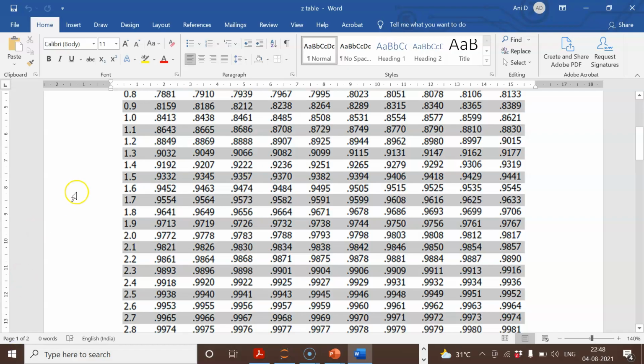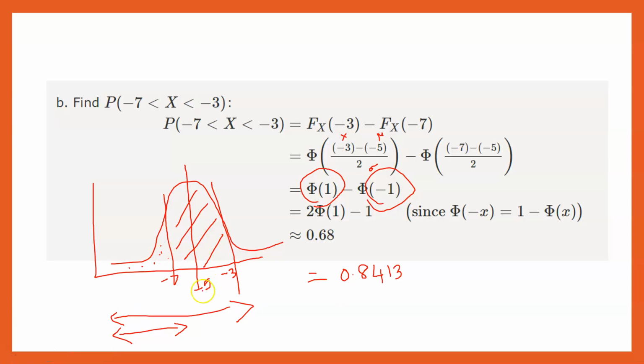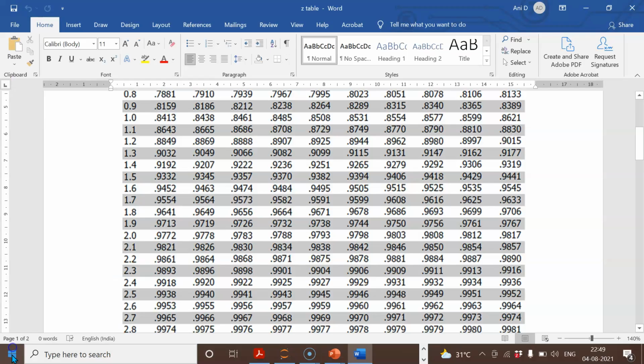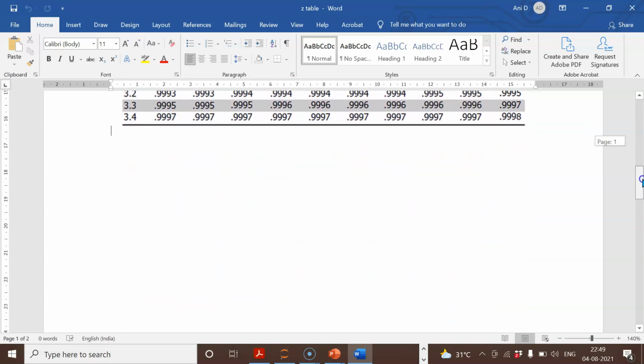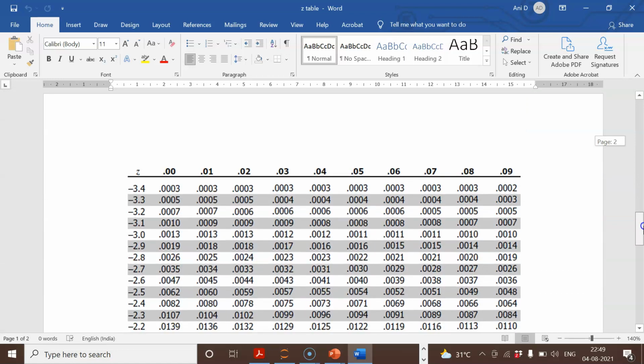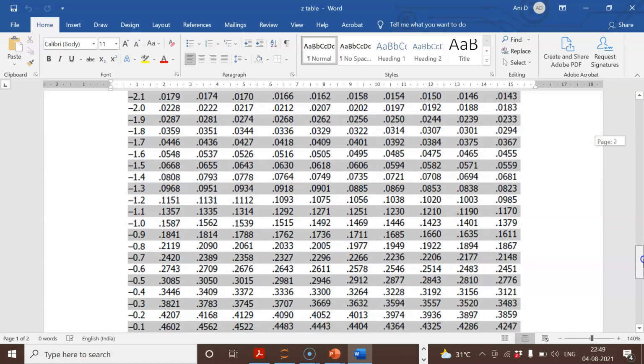Okay, shall we find 1? So 1 is here. So 0.8413 is our first value. So the z value for 1 is written here. Now we look for minus 1, right? I have to look for the negative value for z. Here all the positive values are listed, so I'll move to the other section of the z table which shows negative values. So I'm looking at minus 1.